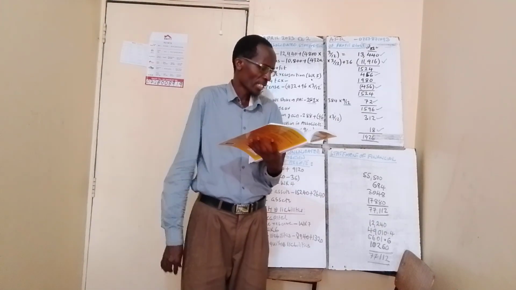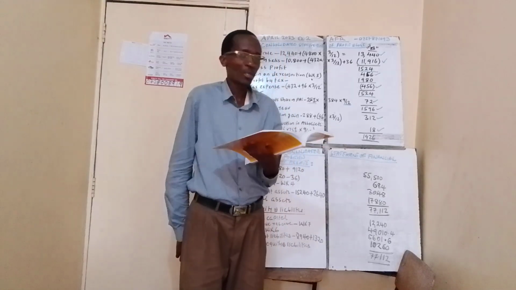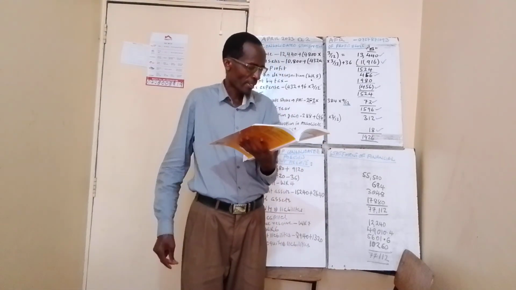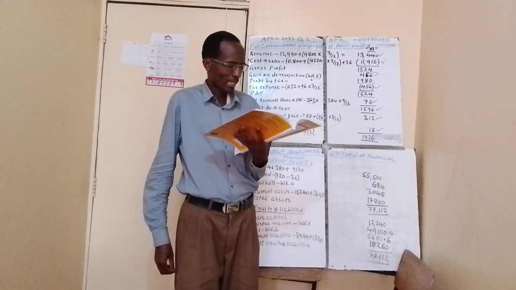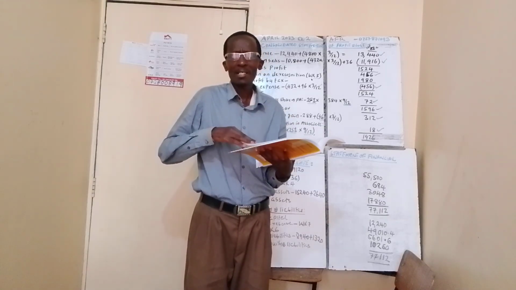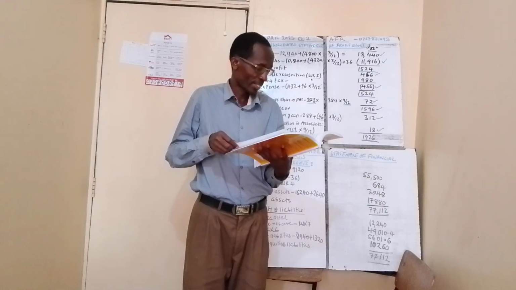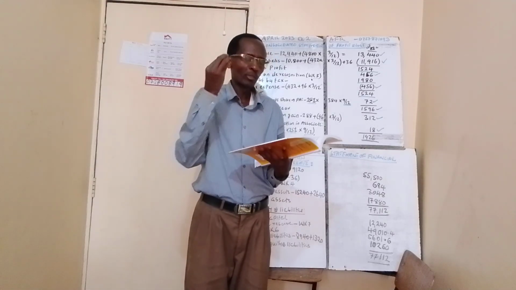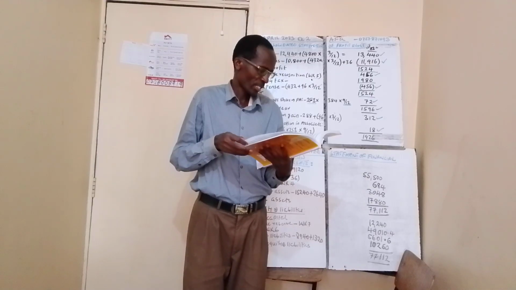Then there are those items which we grant capital allowance at 25%, things like motor vehicles, heavy earth moving machines, and electrical or electronic devices such as computers and scanners. So any machine which is electronic, which uses electricity, and motor vehicles, you'll be granting them capital allowance at 25%.